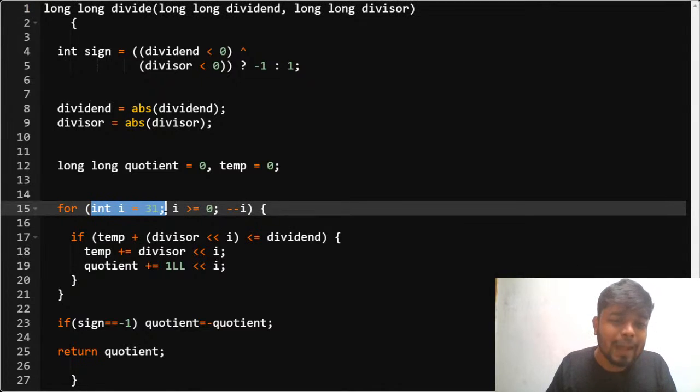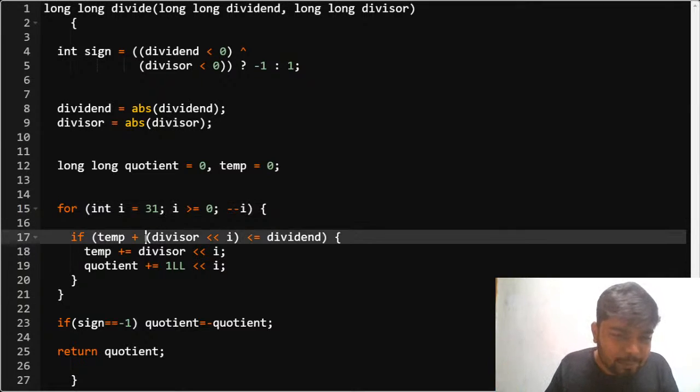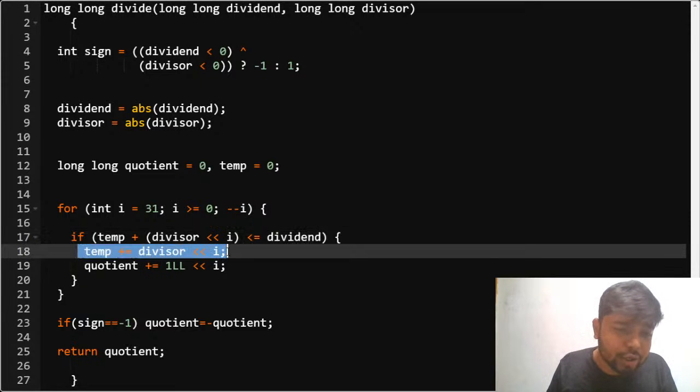Now you start from the back, from the 31st bit, that is the maximum bit that you can have. If the divisor times 2 to the power I plus the current sum that you are having is less than or equal to the dividend, you can add that into your temporary variable.